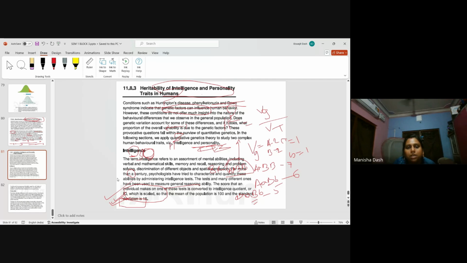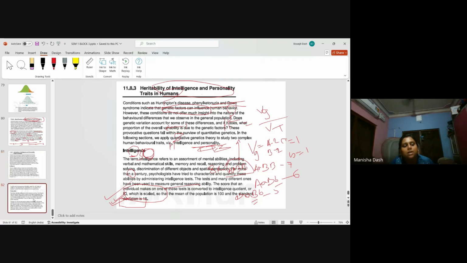Then, coming to the heritability of certain qualitative traits like intelligence and personality in humans, how exactly are they inherited? Intelligence and personality are also polygenic traits.